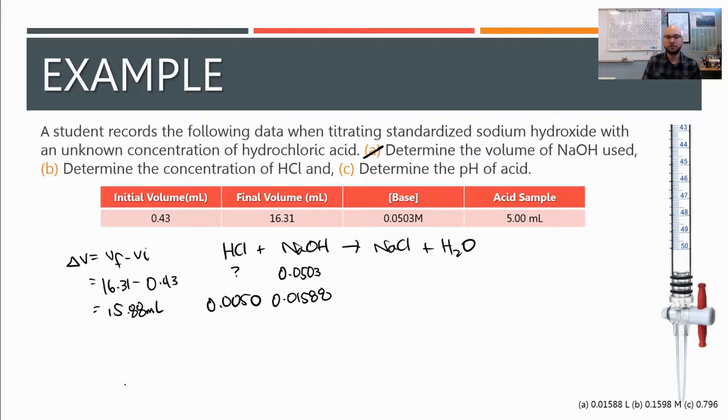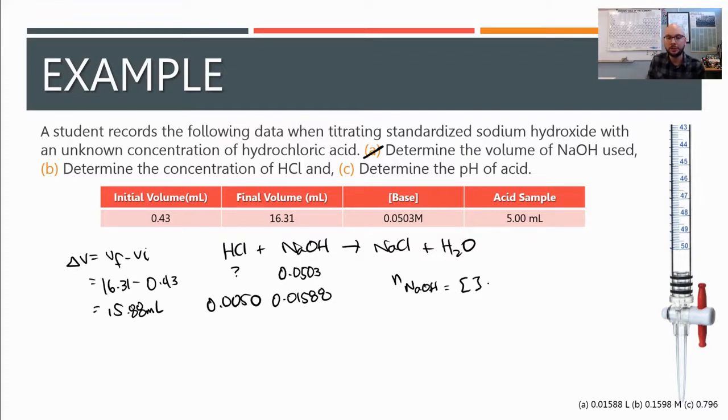Yeah. So now we're going to take our moles of base. So we want to figure out our moles of base first. So I'm going to go n of NaOH. n in chemistry stands for the number of moles.